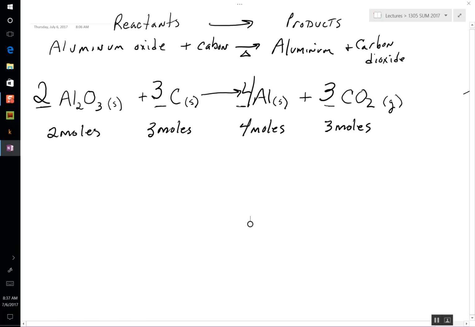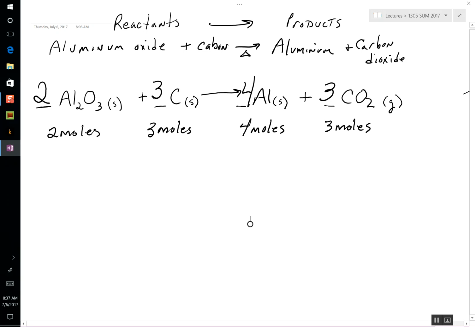How many moles of aluminum can be produced from 35.3 moles of aluminum oxide? Well, 35.3 moles of aluminum oxide.